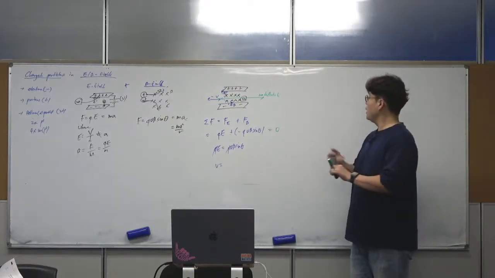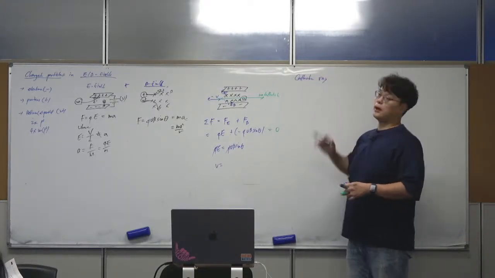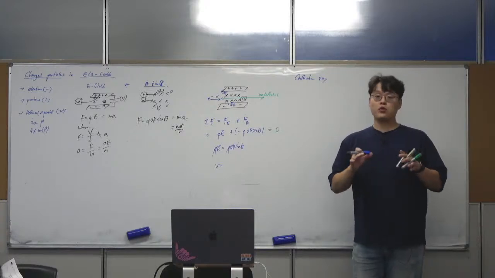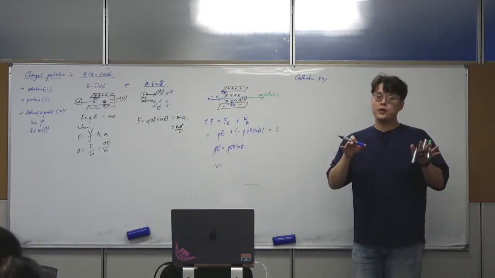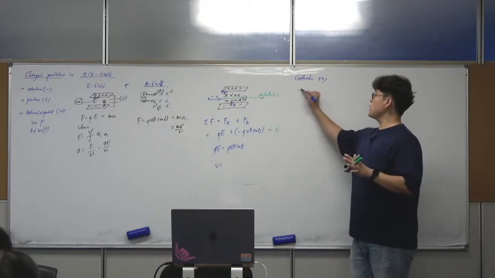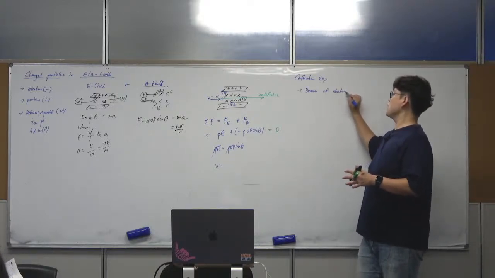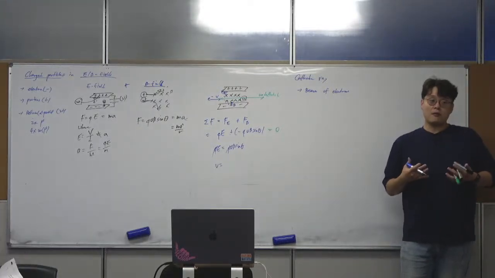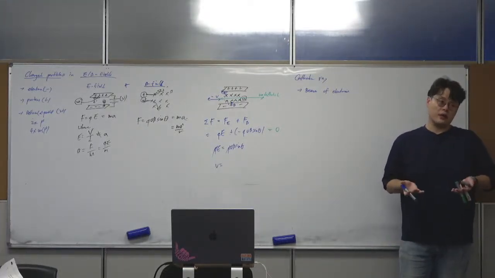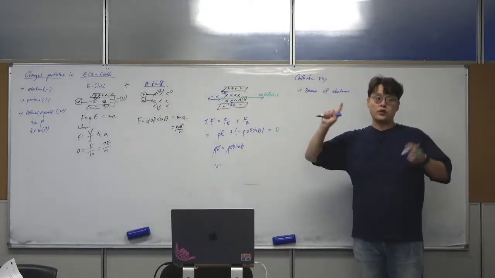One more thing, you will probably see the cathode ray a lot in your multiple choice as well too. Whenever you deal with the cathode ray, just think of it as a beam of electrons. Simply electrons. Because Thomson actually performed it with the cathode ray, and they didn't know what the cathode ray was.